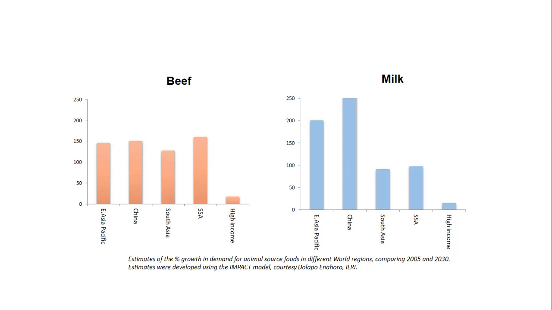But in developing countries like Sub-Saharan Africa, China, and the East Asia Pacific region, beef is estimated to grow by around 150% in the Sub-Saharan African region. And if we look at milk in China, they estimate that it would grow by about 250% by 2030.